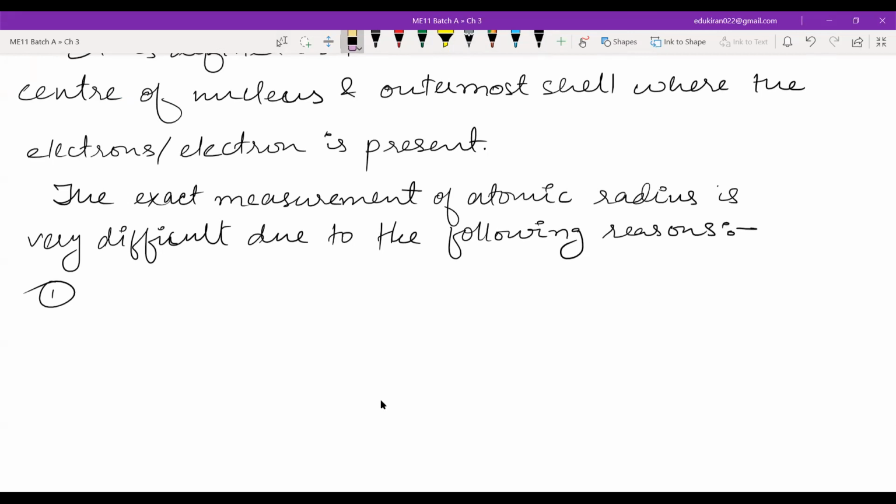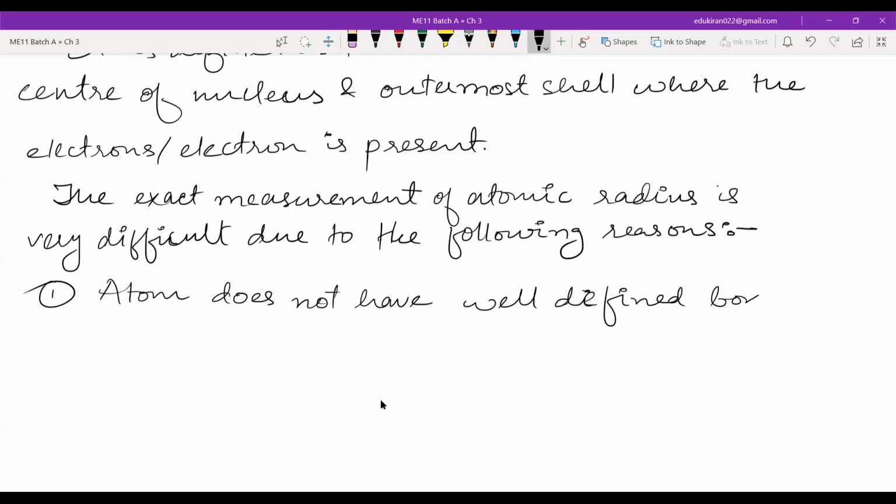That is why it is difficult to measure the atomic radius. The first reason is that an atom does not have a well-defined boundary, right? Why? Because the probability of finding the electron is never zero.